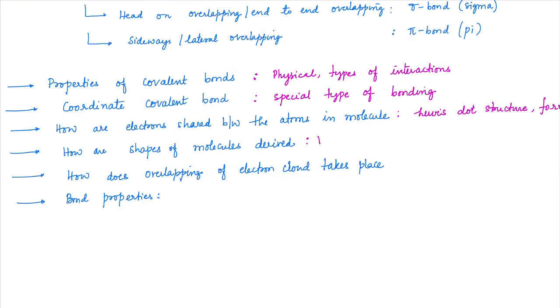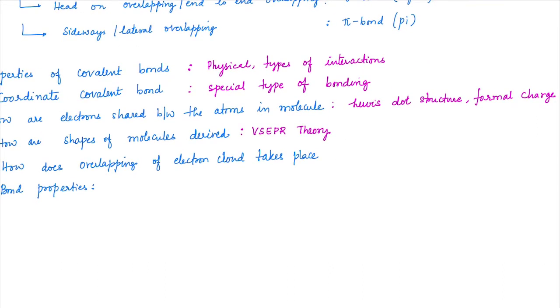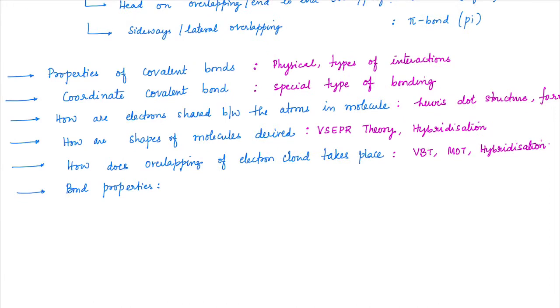Next, how was the shapes defined? We learn it by VSEPR theory. Okay, and also hybridization. And this part, how the overlapping is done, we learn it by VBT, molecular orbital theory, hybridization, and so on.